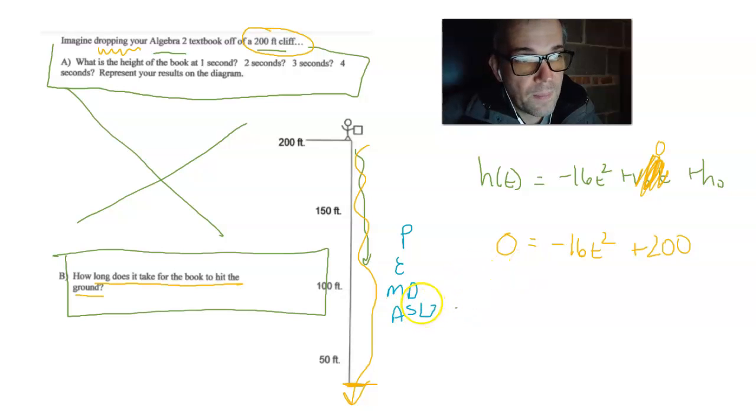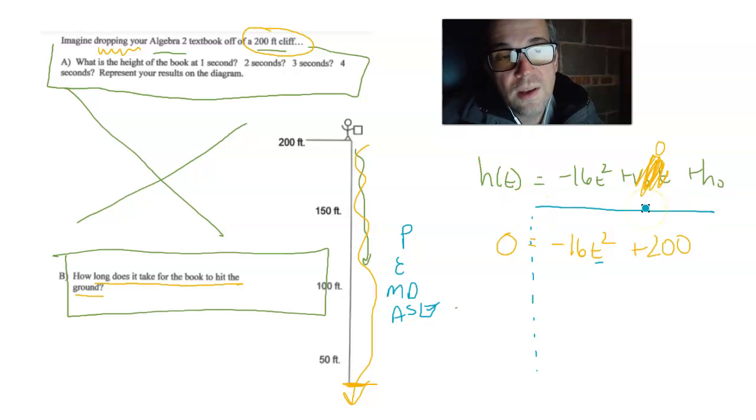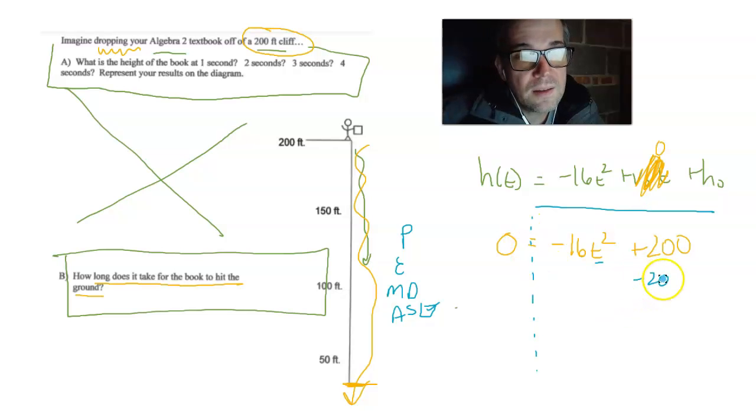We start at the bottom and work our way up, imagining a big line right down the middle. I'm looking at this t squared. That's what I want to isolate. So I'm looking at this side of the equation and asking, is there anything to add or subtract? I can subtract the 200 from both sides, giving me negative 200 equals negative 16t squared.